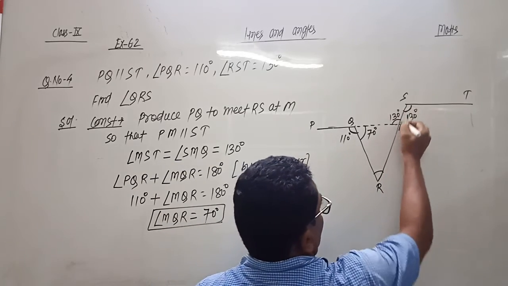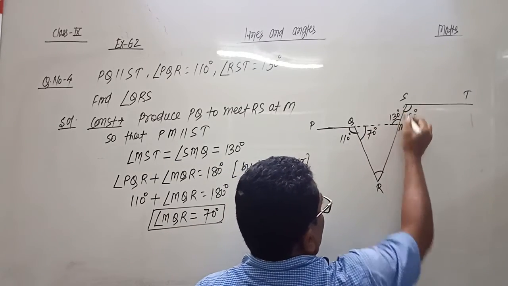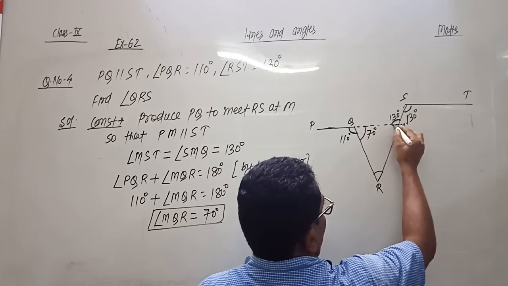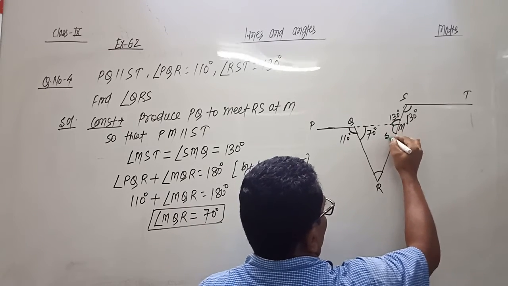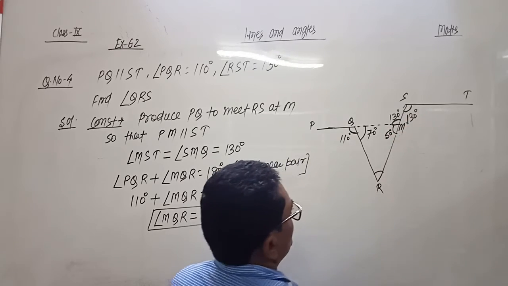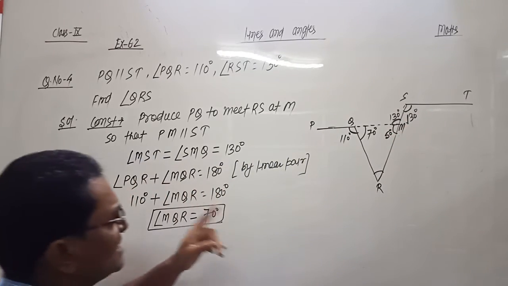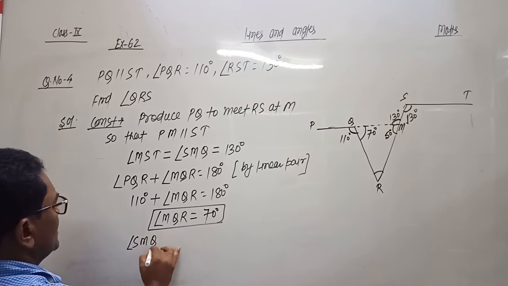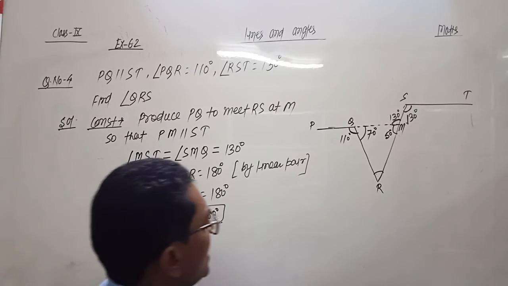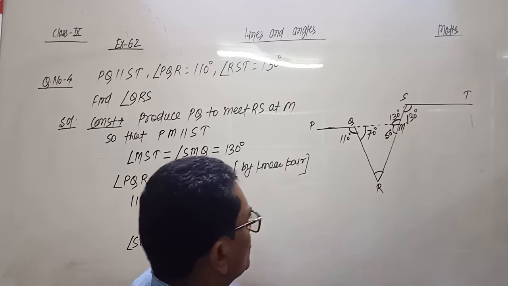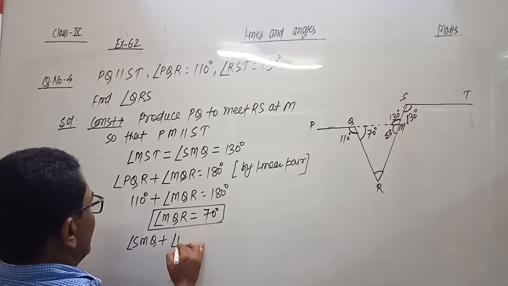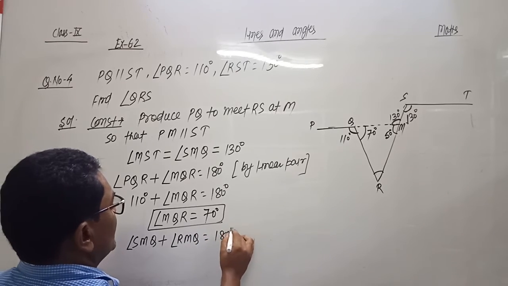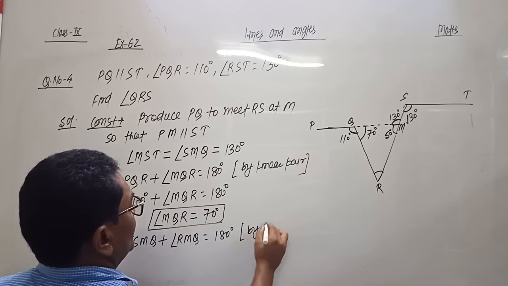And again from linear pair, if this angle is 130 degree, then this angle will be 50 degree, because angle SMQ plus angle RMQ is 180 degree by linear pair.